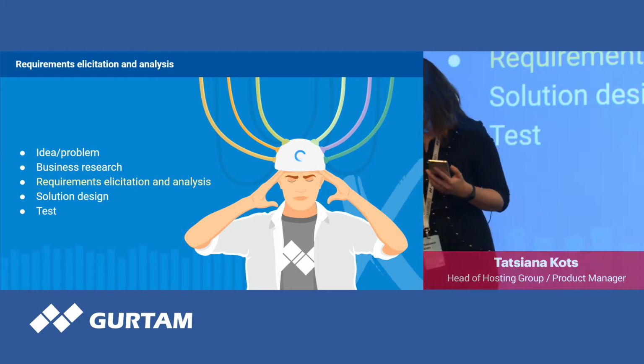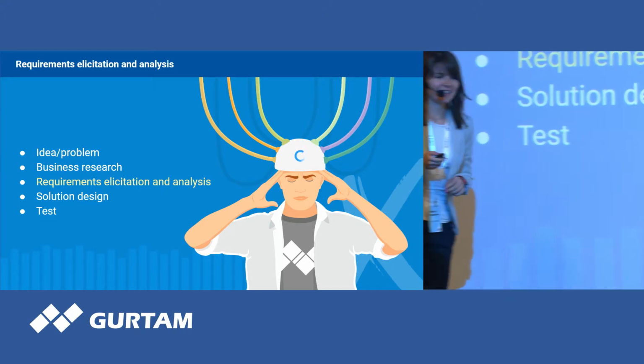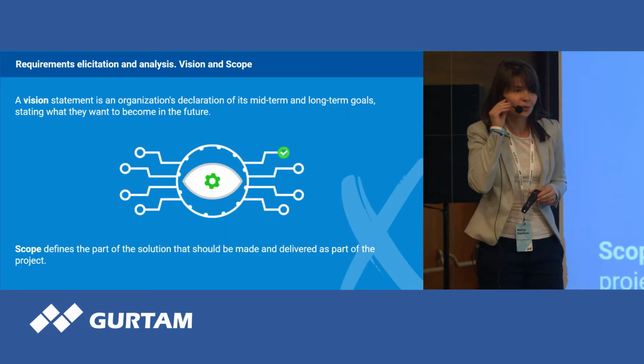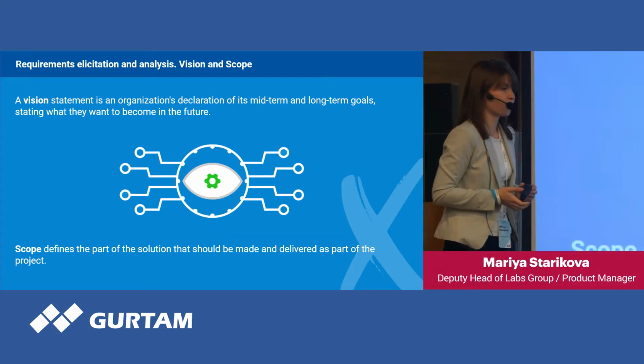Thank you. Okay, so I totally agree with Tatsiana, and just as a theater begins with a cloakroom, all of our development, every new feature that we start doing, begins with defining the vision and scope.